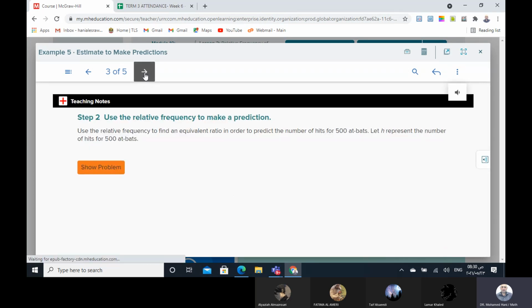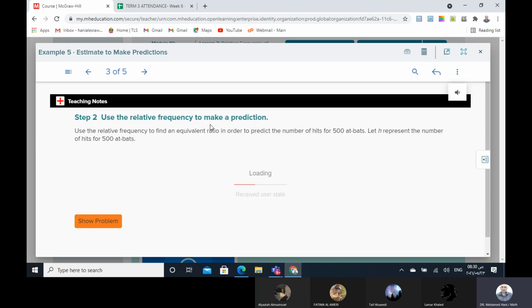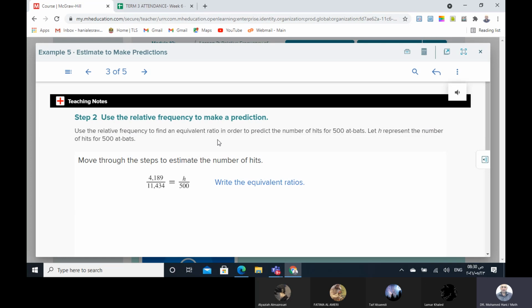The second step, use the relative frequency to make a prediction. Use the relative frequency to find an equivalent ratio in order to predict the number of hits for 500 at-bats. Let H represent the number of hits for 500 at-bats.